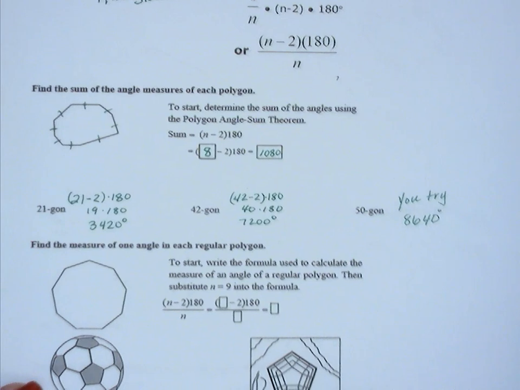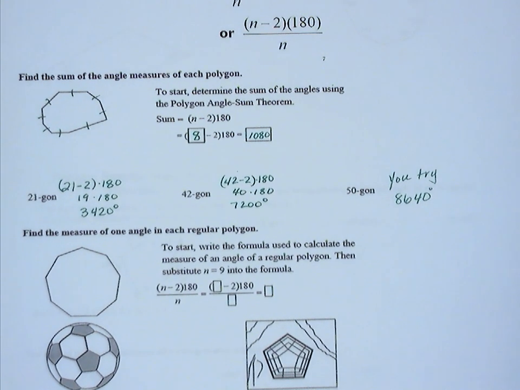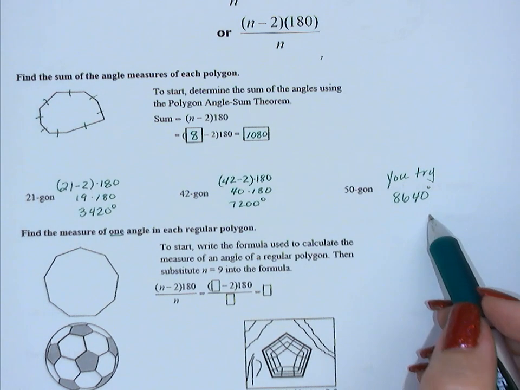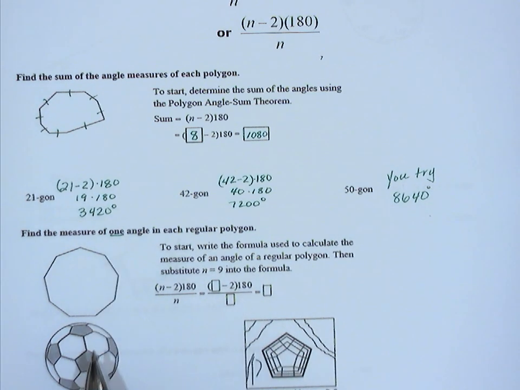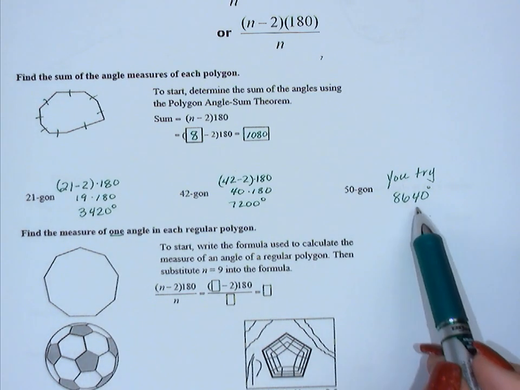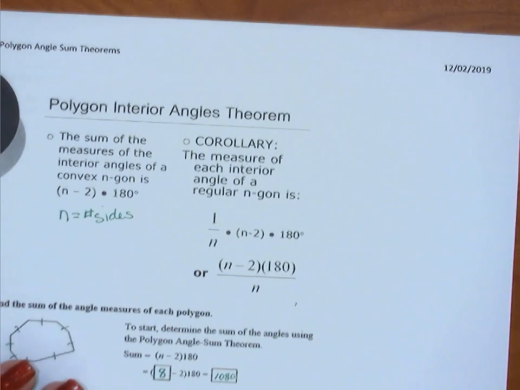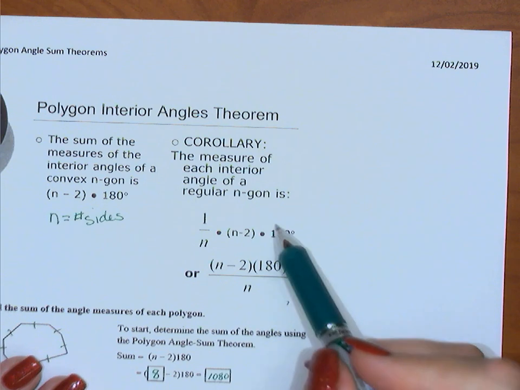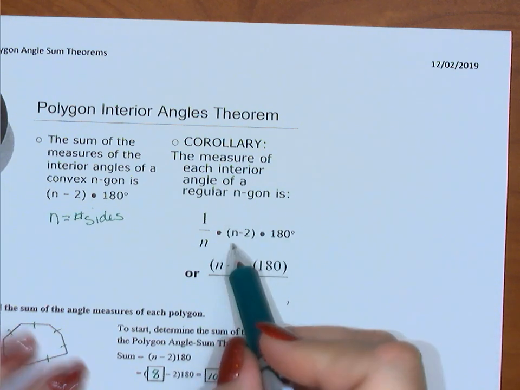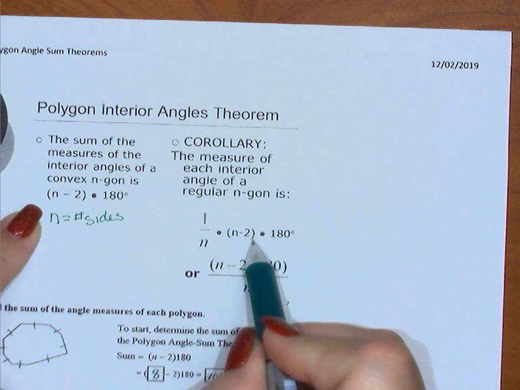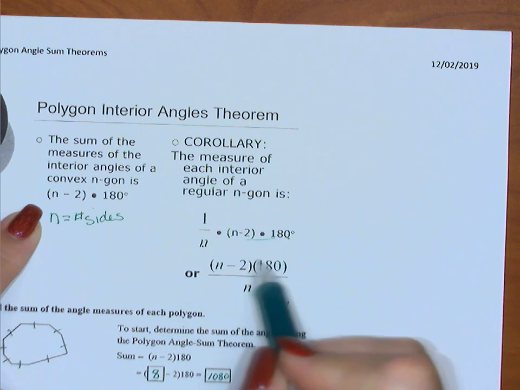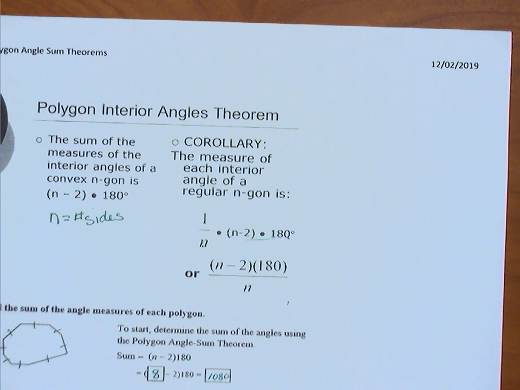Make a note. Okay, now we're going to find the measure of one of the angles. So what we just did was all of the angles. Now we're going to do one of the angles. So we're going to take that other formula, and there's a corollary to our theorem. It says that if I take the number of degrees and I divide by the number of sides, that's going to give me the measure of each angle.